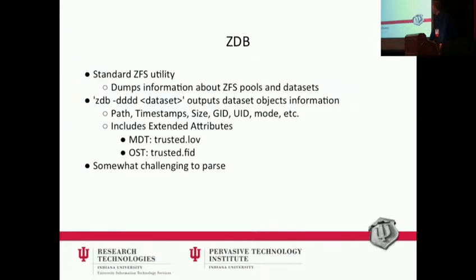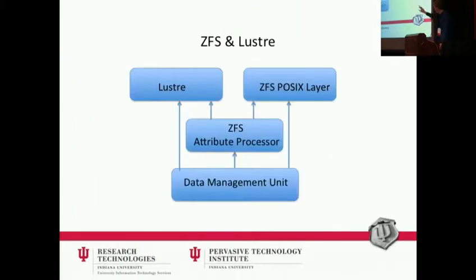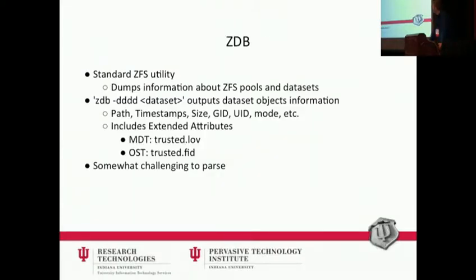So in order to get information out of these lower levels, it turns out there's a standard utility that comes with ZFS called ZDB. And if you use Lustre ZFS and you're already familiar with ZDB, check it out. It's a very, very powerful utility that'll provide quite a bit of information to you.